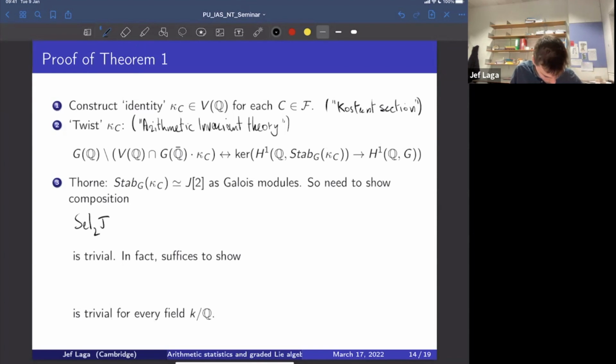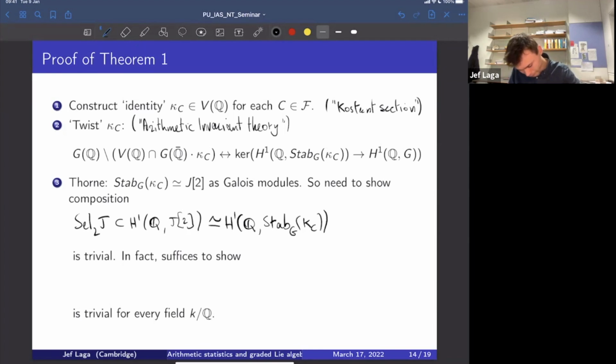So if you consider the following composition, where the first map embeds the 2-Selmer group inside J[2] by definition, then we transport along the isomorphism of Thorne, and then we map it into H1 of G. Then we need to show that this composition is trivial. Because if we know that, then we know that every element gives rise to an orbit.